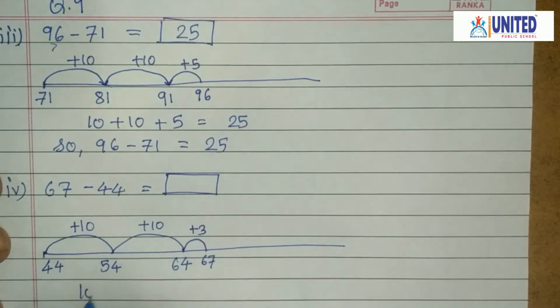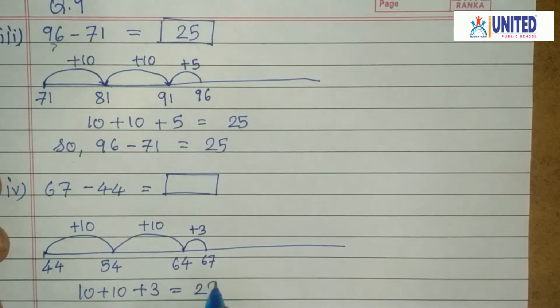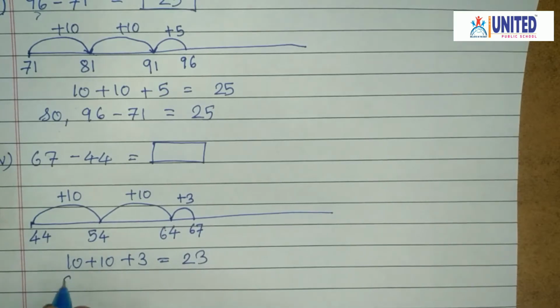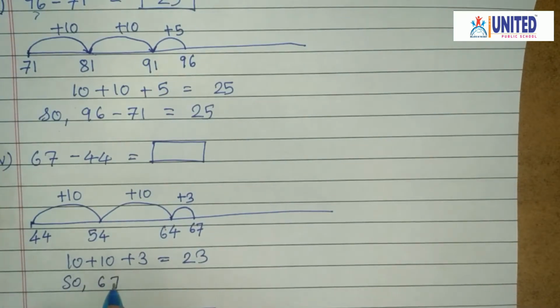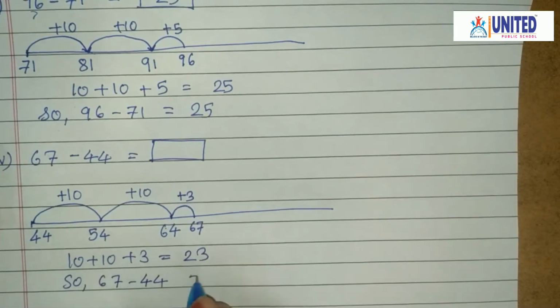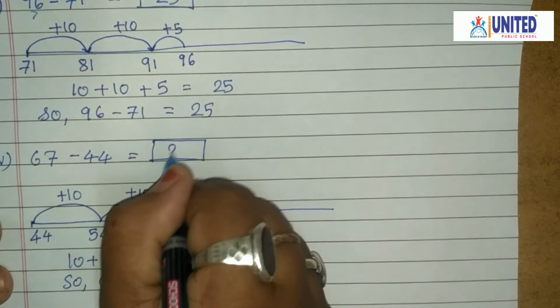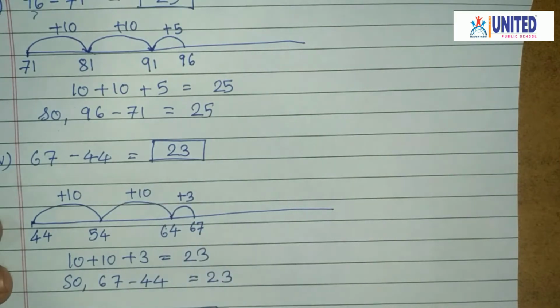So we write 10 plus 10 plus 3, that is equal to 23. Okay, so we write 67 minus 44 is equal to 23. In the box we write 23.